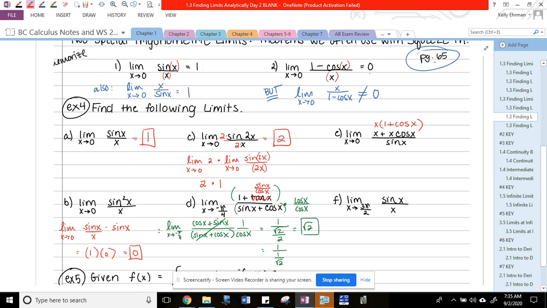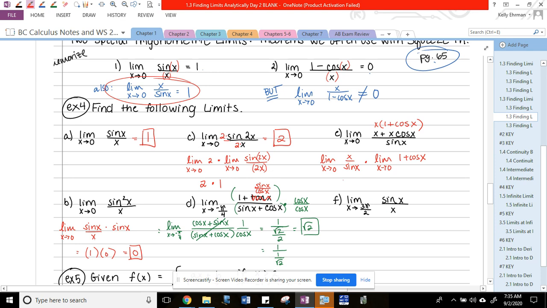So now I can look at this separately, because this is something that you may or may not see the first time you look at it, but you have x over sine x. Remember, back here, the reciprocal of that first limit is also equal to 1. So I can separate this out. I can say the limit as x approaches 0 of x over sine x is being multiplied by the rest of this, the limit as x approaches 0 of 1 plus cosine x.